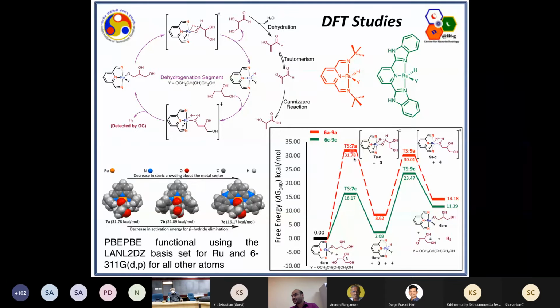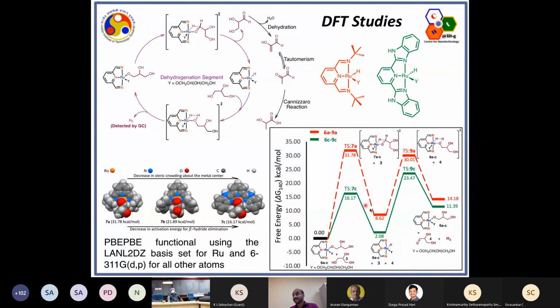So, for the t-butyl NNN ruthenium catalyst, the rate determining step is the beta hydride elimination, whereas for the bis-imidazole catalyst, the sigma bond metathesis, or the hydrogenolysis step, is the rate determining step. Now, if you compare, even this rate determining step is much lower than the rate determining step of the t-butyl catalyst.